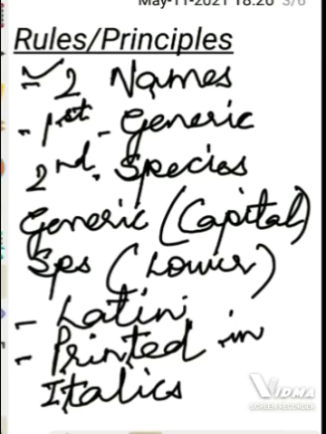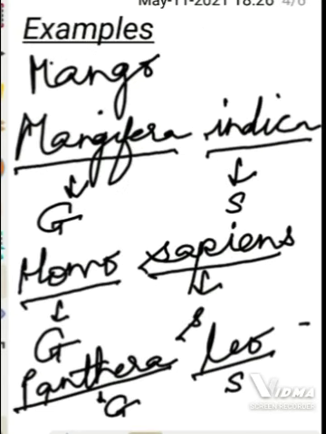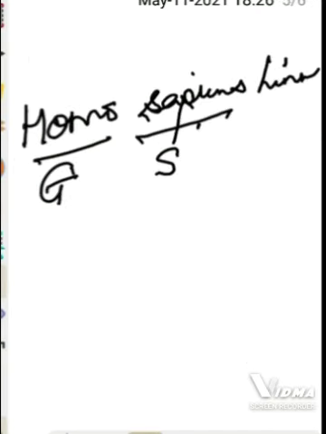The names are always in Latin. If they are printed, they are in italics. If they are handwritten, then they are underlined, like Mangifera indica, Homo sapiens, Panthera leo. Sometimes the name of the scientist is also written along with the name, Homo sapiens Linn., which is the abbreviated name of Linnaeus. So when the name of a scientist is written, it means he was the first scientist who identified and named the organism.